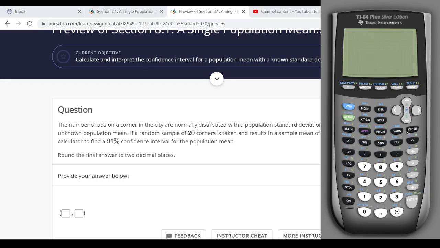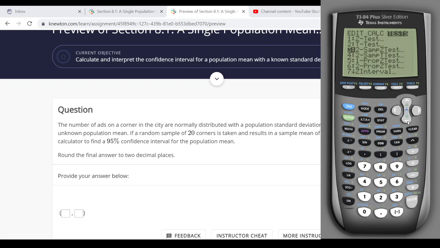Now, how do I calculate a confidence interval estimate for a mean with the calculator? So hit the stat button, and you go over to tests. And right now, we're doing a confidence interval estimate for a single mean, right?